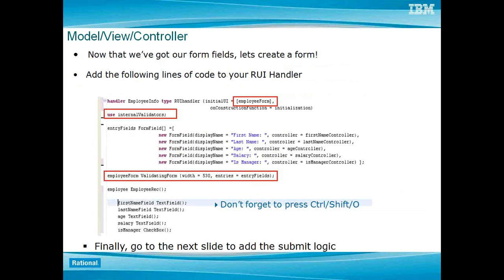So once this is done, then you have to provide the employee form field name in the initial UI. And then here we have specified a property inside of handler, use internal validator. So it will use some internal default validators that will be executed by the controller.